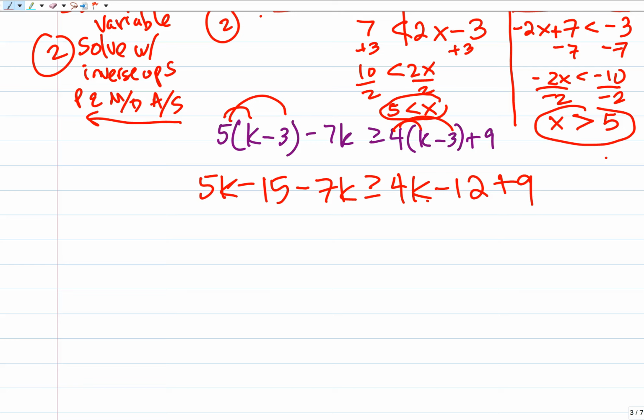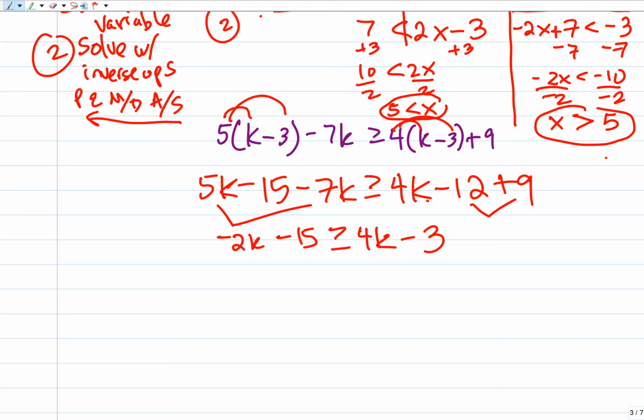We said distribute, we said like terms, 5k minus 7k. Do not put a little plus 7 and plus 7. These are on the same side. I heard negative 2k minus 15 greater than or equal to, on this side, negative 12 plus 9. I think it's negative 3. Yes.